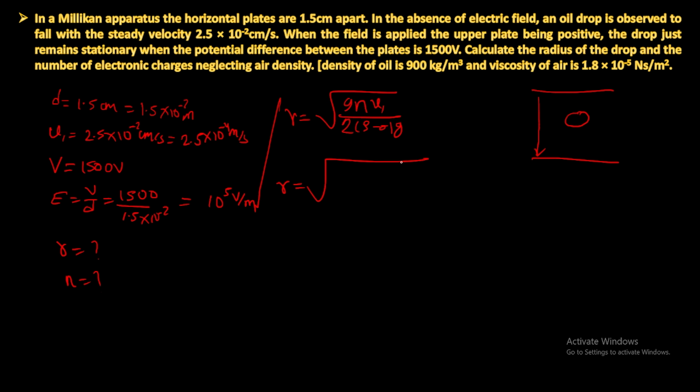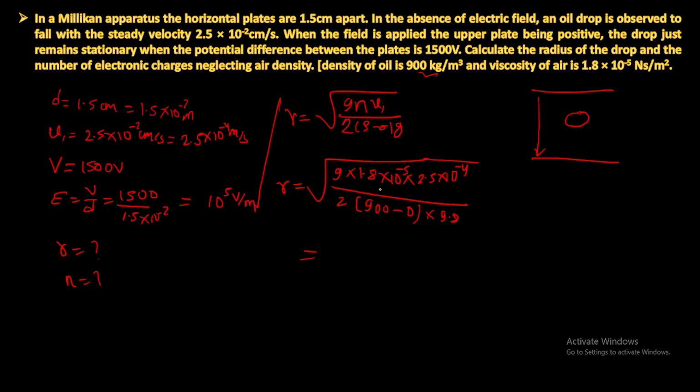So r equals root under 9 into eta, which is given here as 1.8 into 10 to the power minus 5, into v1, the terminal velocity 2.5 into 10 to the power minus 4 meter per second, divided by 2 bracket rho, which is 900 here. The density of air is not mentioned, so we can neglect it, into 9.8.